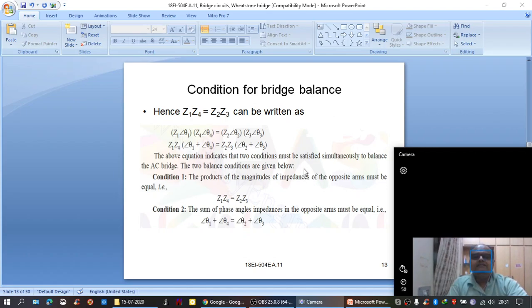The two balance conditions are: first, the product of the magnitudes of impedances of the opposite arms must be equal, magnitude of Z1 into magnitude of Z4 equal to magnitude of Z2 into magnitude of Z3. Second, the sum of the phase angles of the opposite arms should be equal.